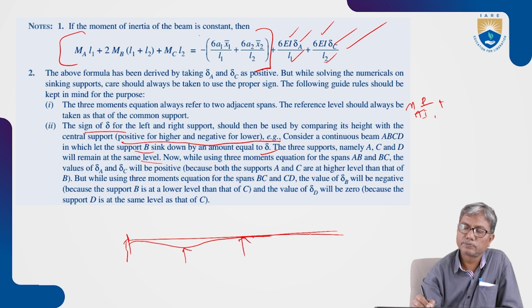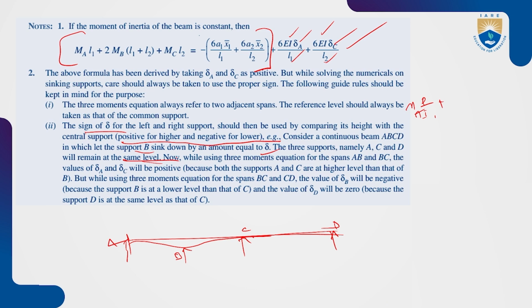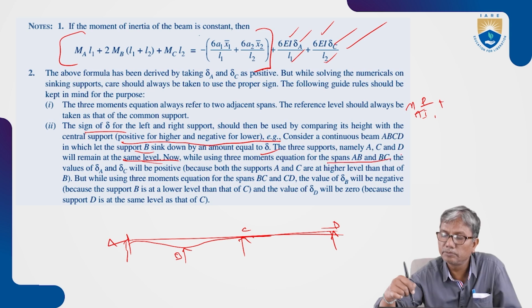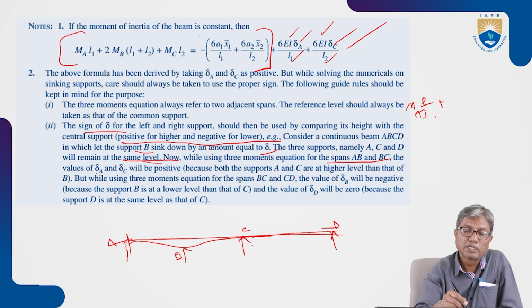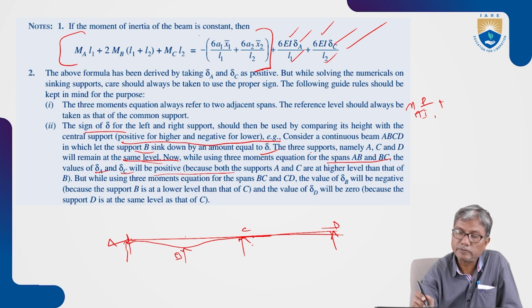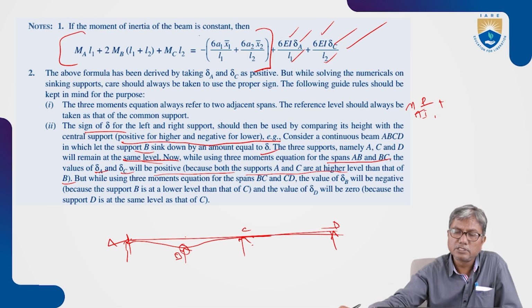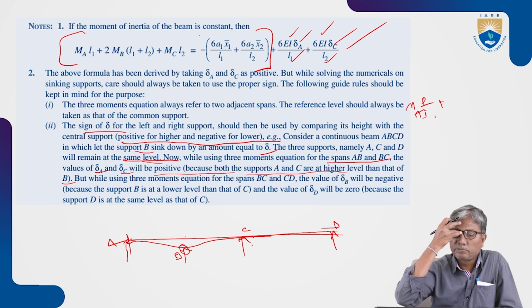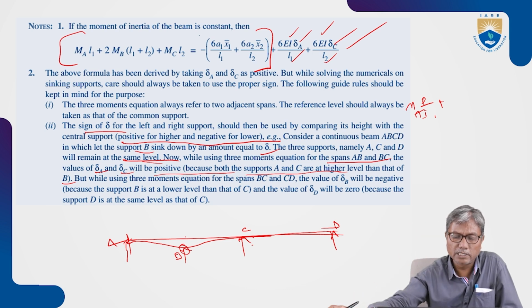While using the three-moment equation for AB and BC, the values of delta A and delta C will be positive because both A and C are above B. Both the supports A and C are at higher elevation than B. This elevation difference is measured from the common support, that is B.